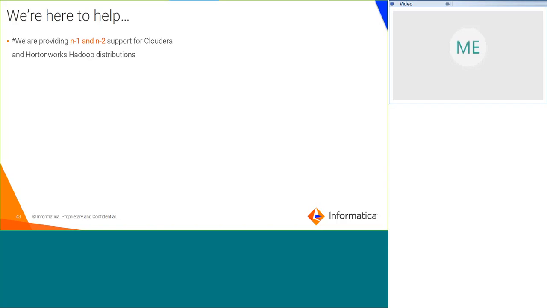So if you are on Cloudera 5.11 and you are only interested in leveraging the new features coming from Informatica Big Data Management 10.1, you can upgrade only the Informatica piece and keep the Hadoop cluster as it is.